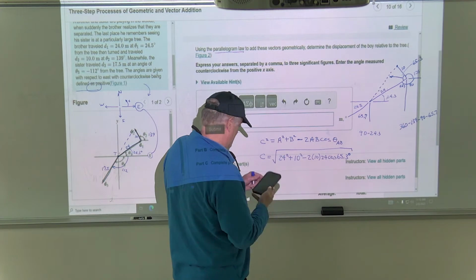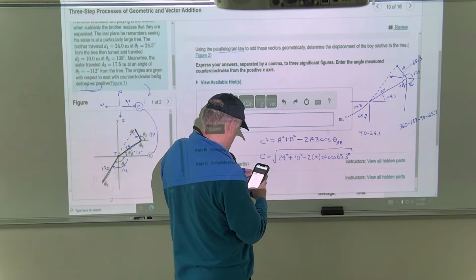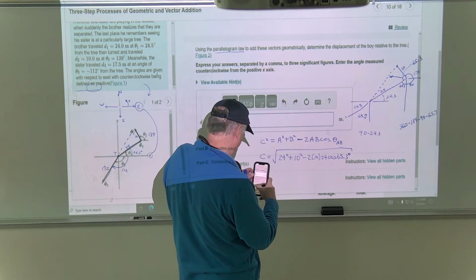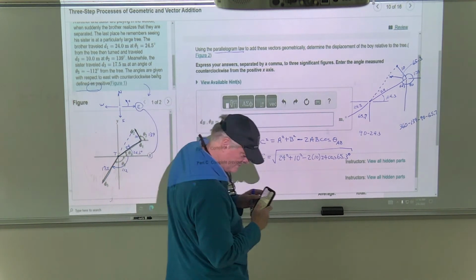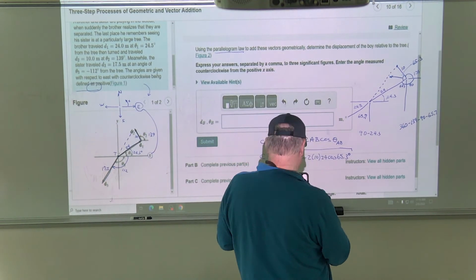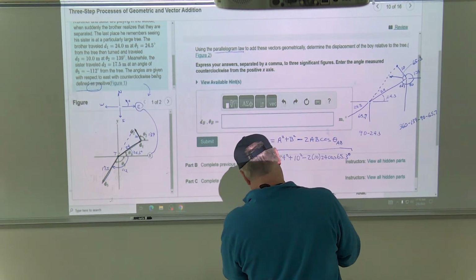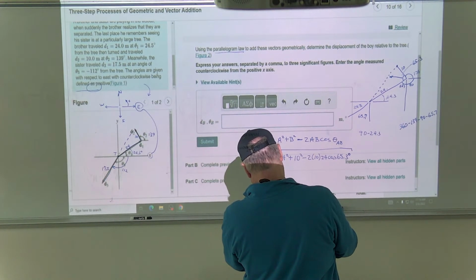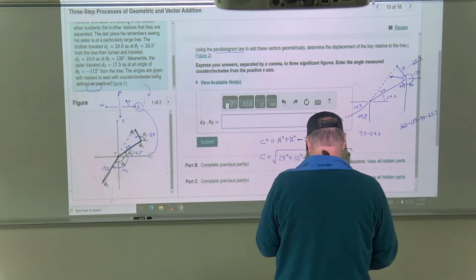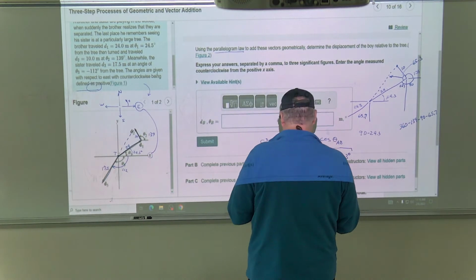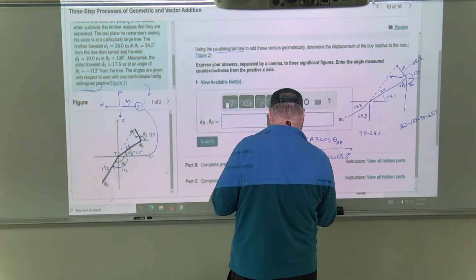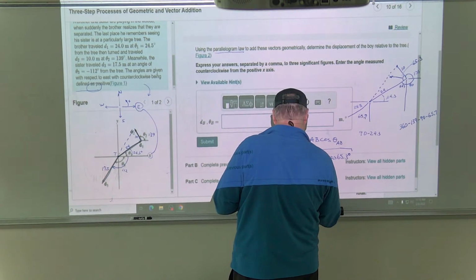Let's just see what this thing tells me. It says c is 21.80422.